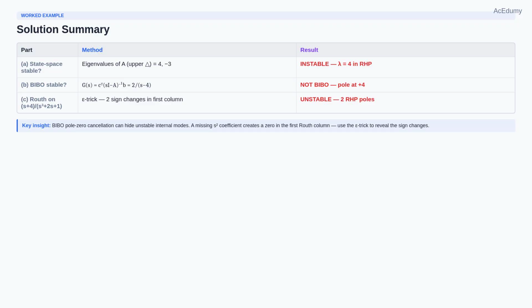The cancellation revealed an uncontrollable mode at -3. Part C, Routh-Hurwitz on a new third-order denominator with a 0 s squared coefficient. The epsilon trick gave 2 sign changes in the first column, meaning 2 unstable poles. 3 stability questions, 3 unstable answers.